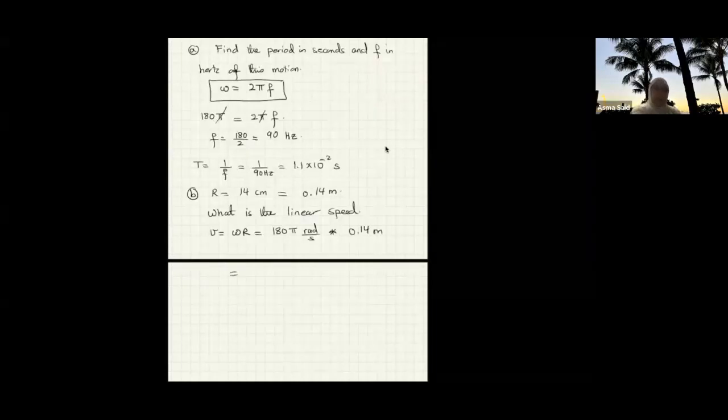You can leave it in pi, but if you have multiple choice it's going to be asking for a number. Then it's going to be 180 times pi times 0.14, and that is going to be 79 meters per second.